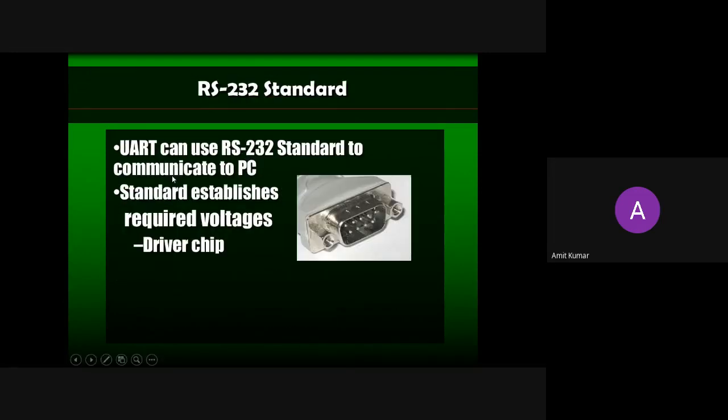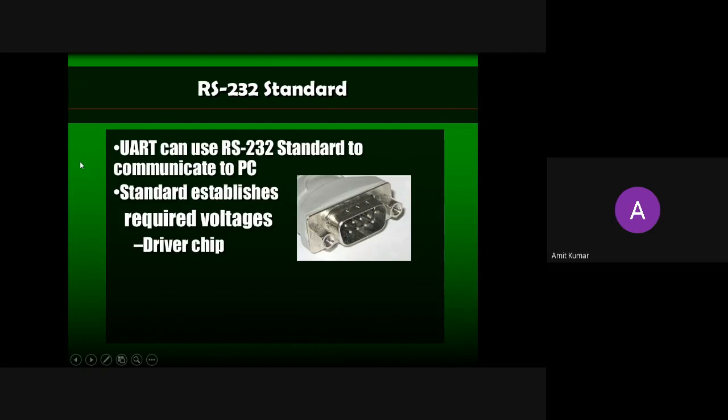This UART can use RS-232 as a standard. Every protocol has its own standard, you can say its own signaling level, with specific voltages for representing zeros and ones. For example, in the RS-232 standard we have -4 to -15 volts for zero representation, and +4 to +15 volts for one representation.